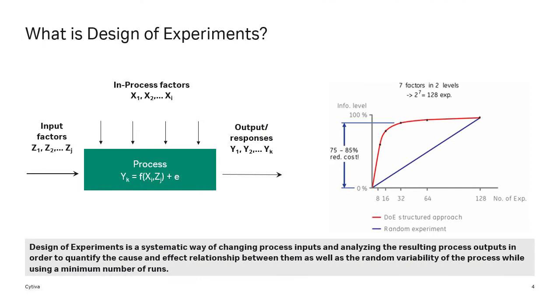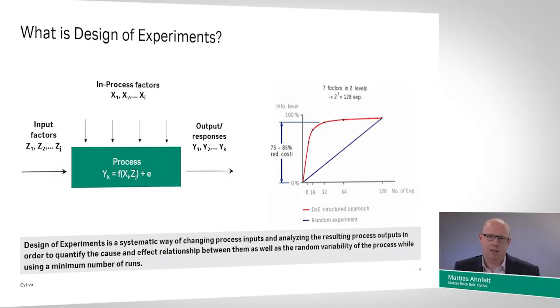So what is really design of experiments all about? Design of experiments deals with quantifying how process inputs affect process outputs using a minimum number of runs. If we consider a unit operation in downstream processing, typically we would have some input factors, so parameters coming into the process from, let's say, a previous unit operation, that have an impact on the process outputs.